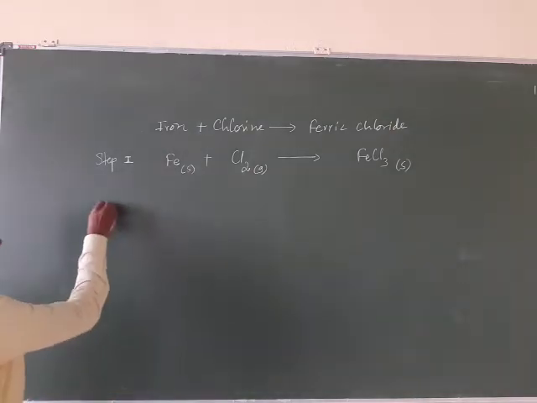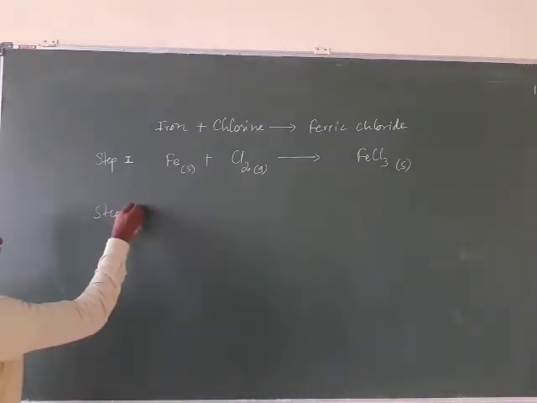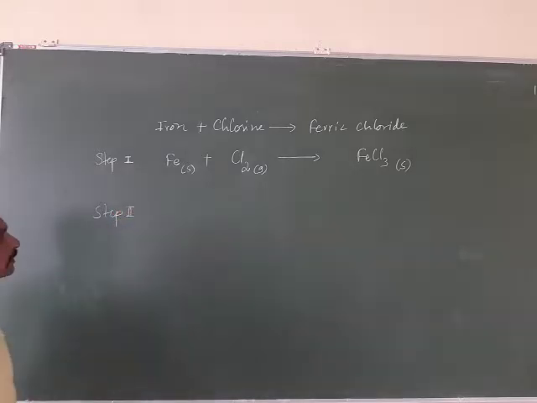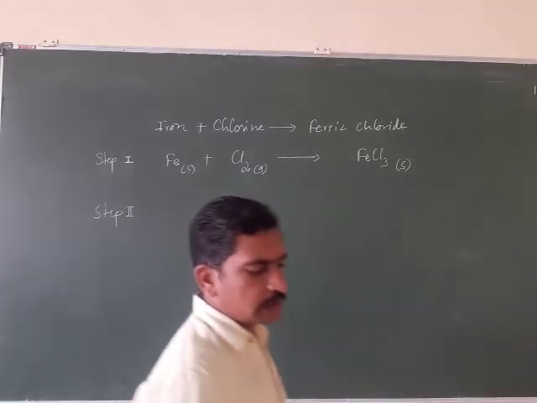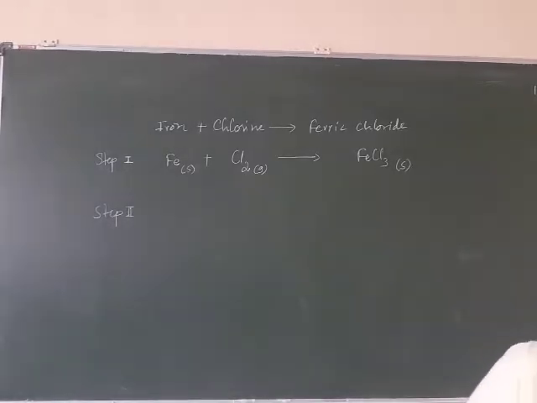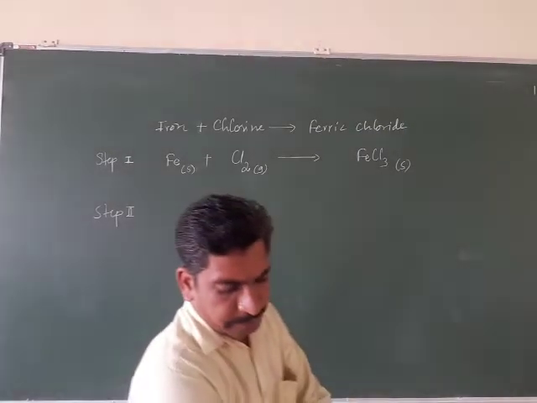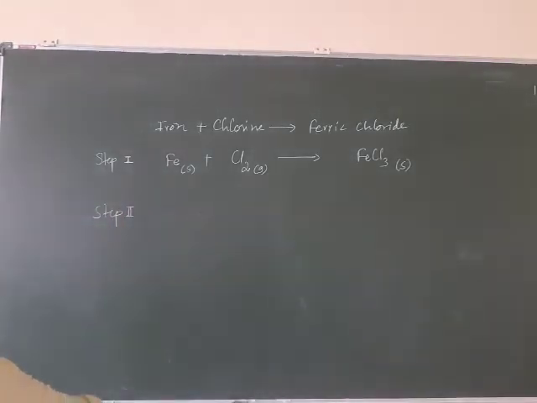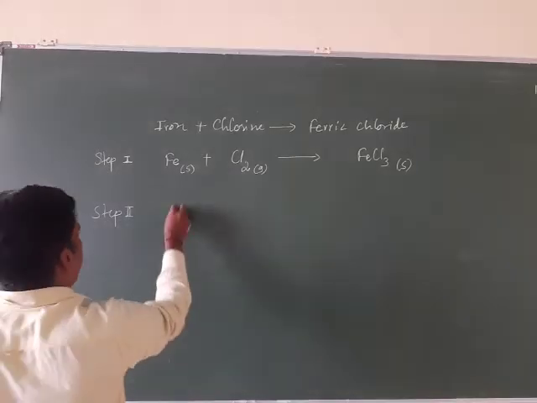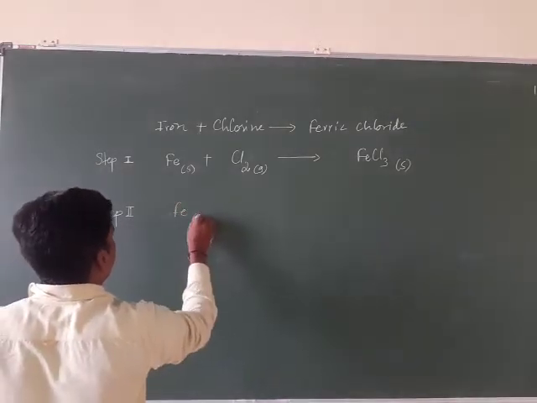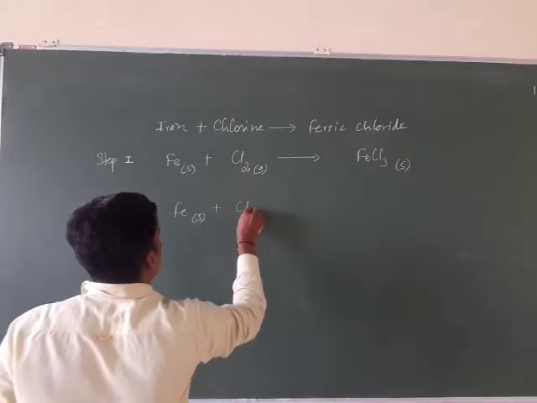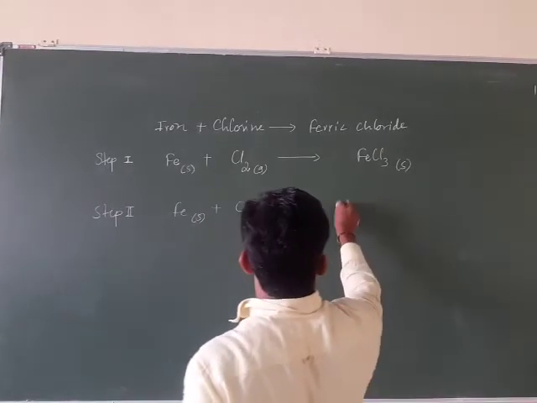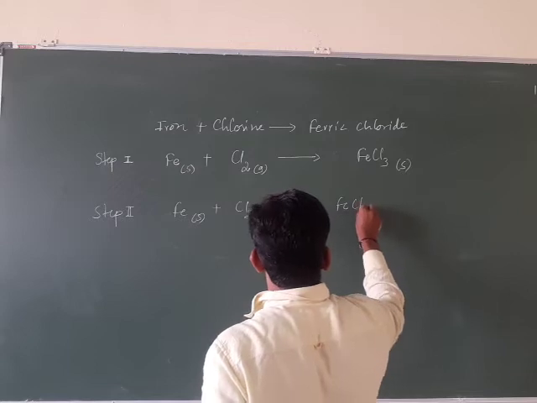In the second step, you have to balance all the elements other than oxygen and hydrogen. So we rewrite the equation and balance the elements other than oxygen and hydrogen.